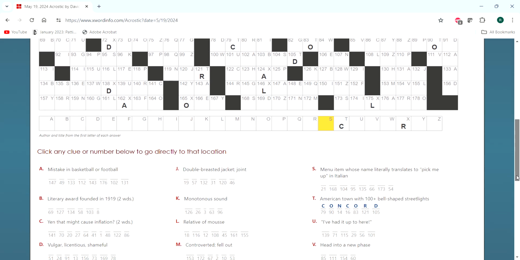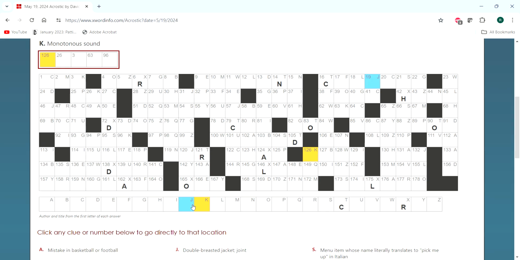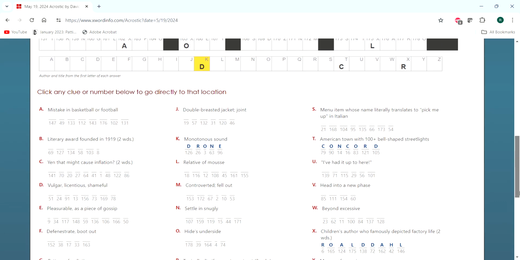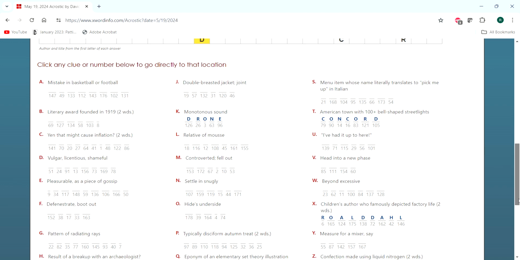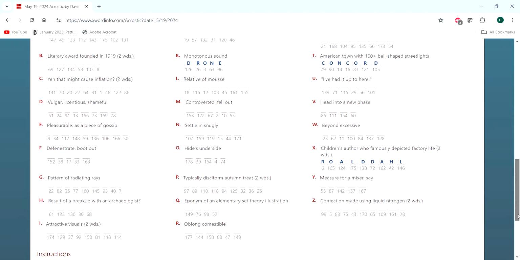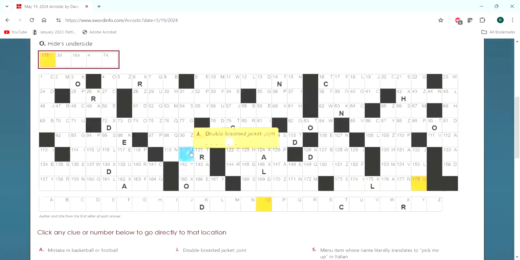This one's definitely tricky. Monotonous sound, I'm going to go with drone. Hides underside. Boy, this one's tricky.